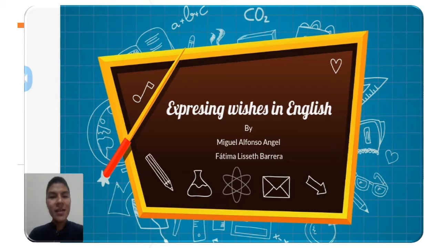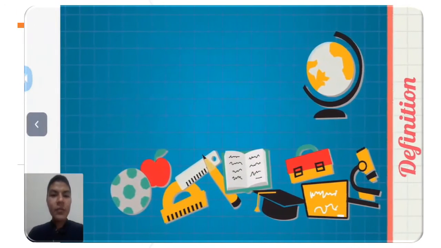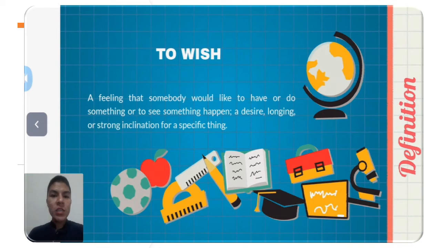So let us start. First of all, to wish means a feeling that somebody would like to have, or when someone wants to do something or to see something happening. These kinds of desires represent a strong inclination for a specific thing, but these things are unlikely or impossible to happen or to be real.